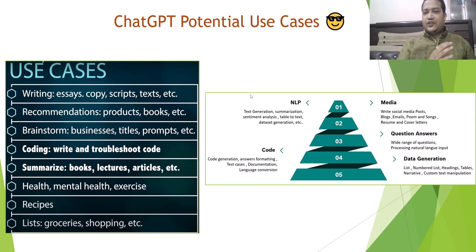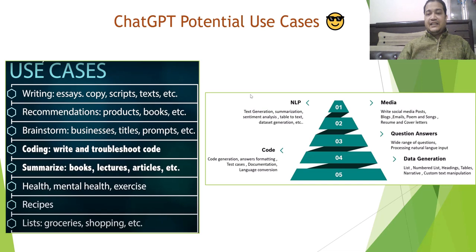So till here, I have talked about how ChatGPT started and what the buzzwords in the market are. Now we'll talk about specific or potential use cases of ChatGPT. ChatGPT can be used in NLP, code generation, answer formatting, test cases, documentation, creating and writing books, coding, summarizing books, question answers, data generation, and many more.